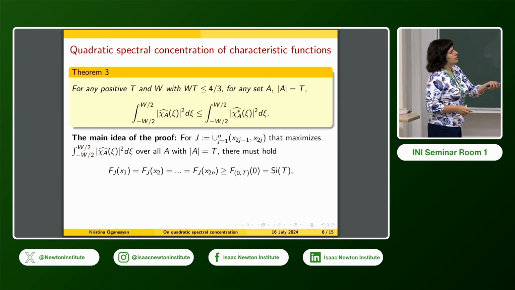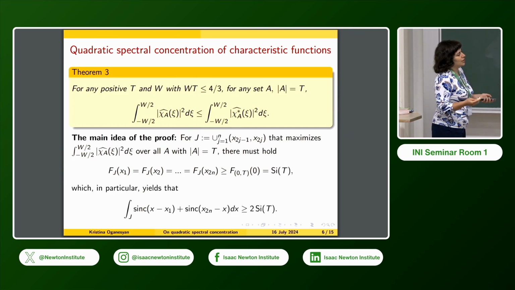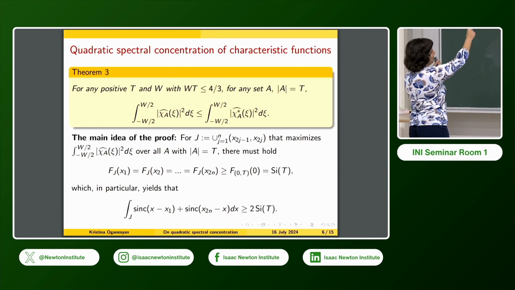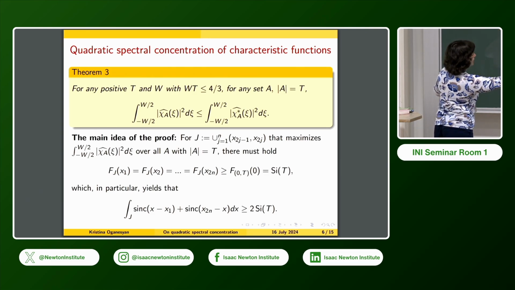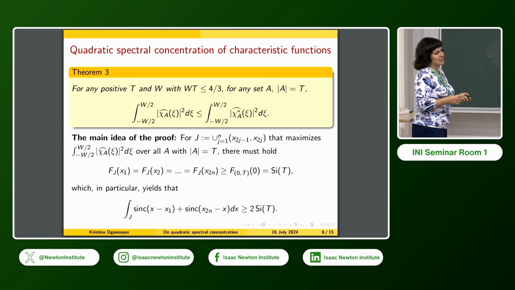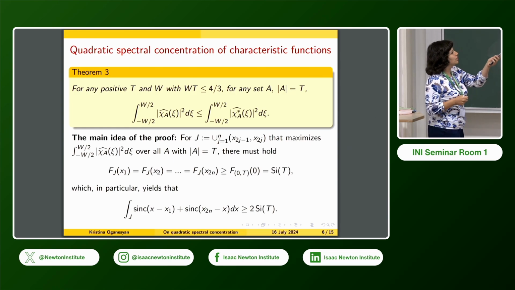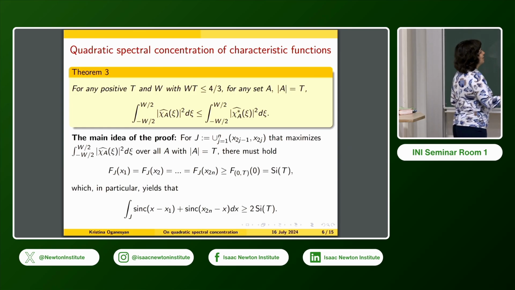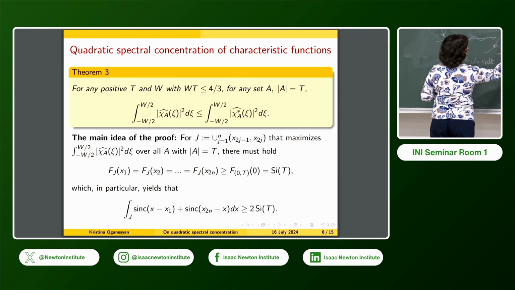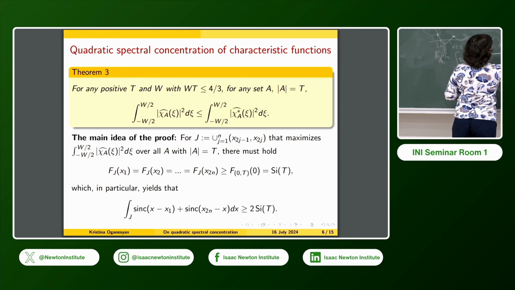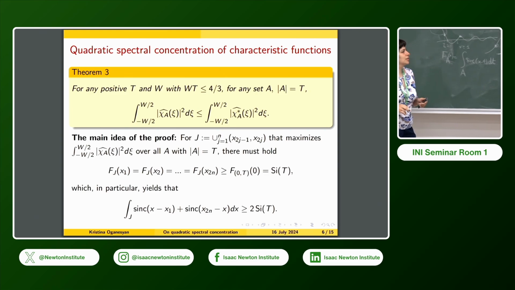In particular, if you integrate this sinc of x minus the first point plus sinc of x minus the very last point, you have to get something big. And in the case when your measure is quite small, it's 4/3, these holes you have here, they really play against you. So that's basically the idea here.